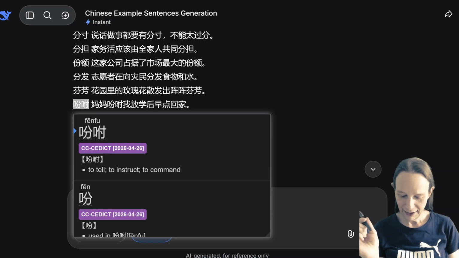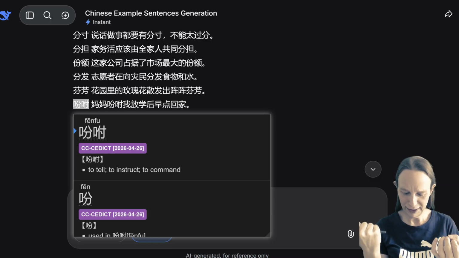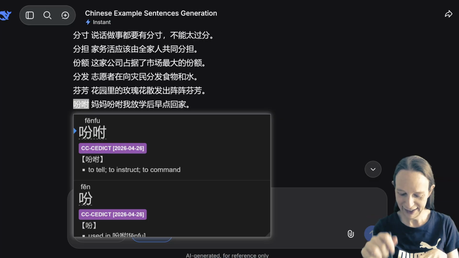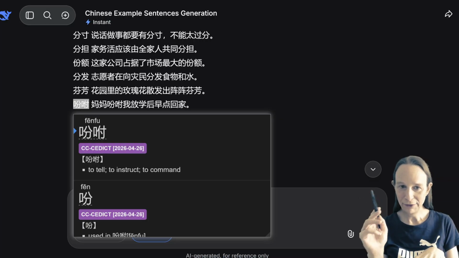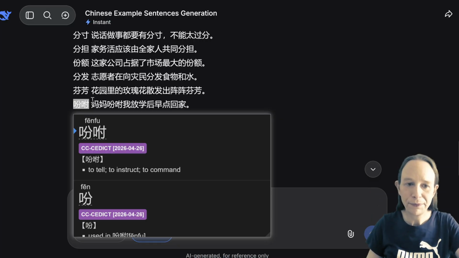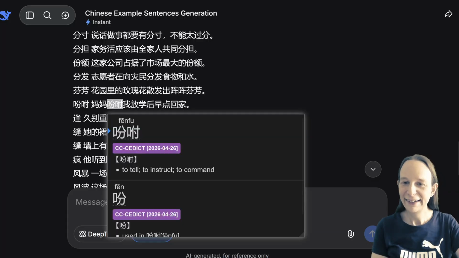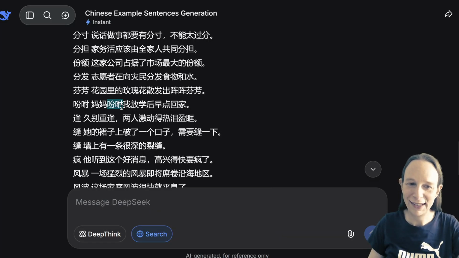All right, so the dictionary for fen only has this one word, 吩咐. Fu is used in 主妇, is it 主妇? Yeah, 主妇 in the dictionary, it says so. 吩咐. What should I say? 妈妈吩咐我放学后早点回家. So maybe it's a bit strong for mothers.